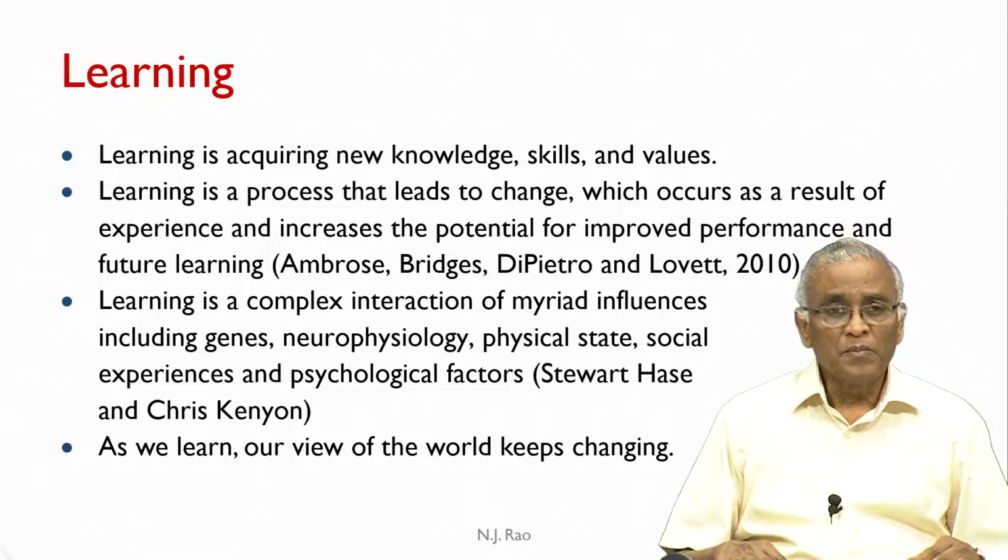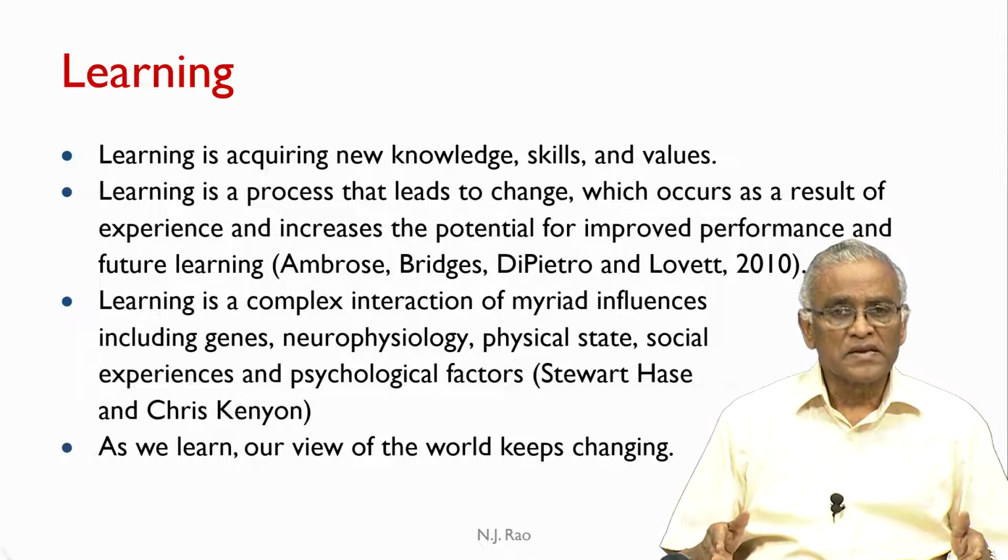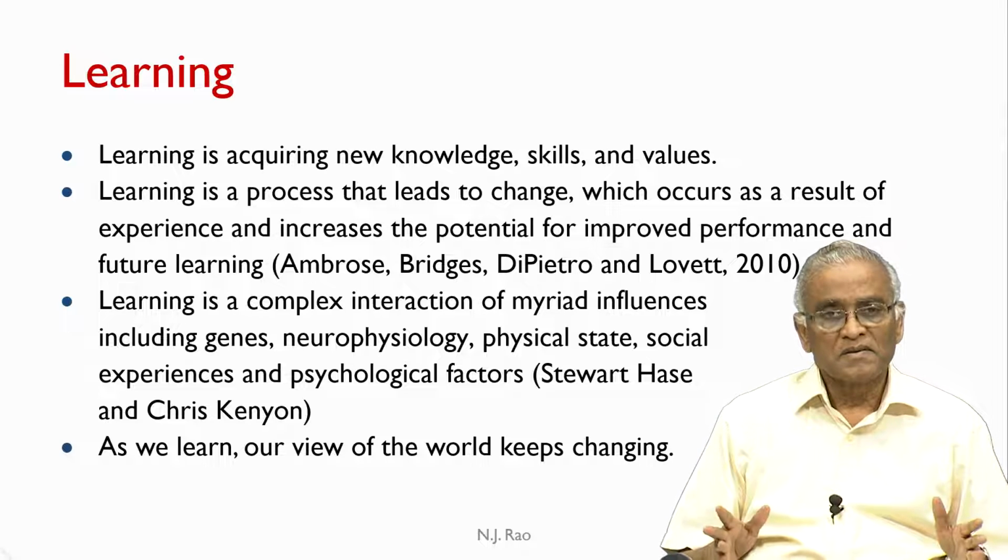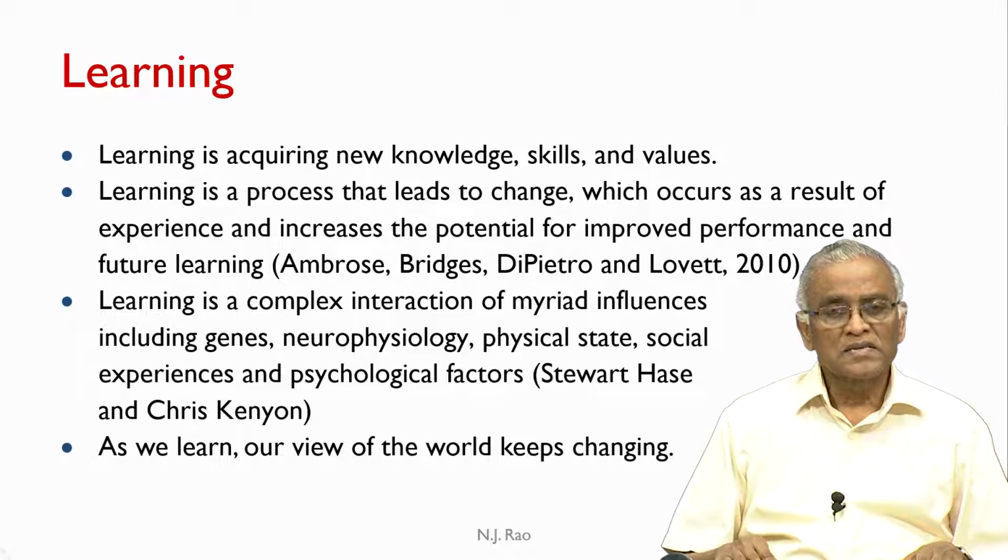But where exactly does learning take place? Learning takes place in the brain. To that extent, understanding what learning really is, is a very complex thing, and we are far from understanding how exactly learning takes place.